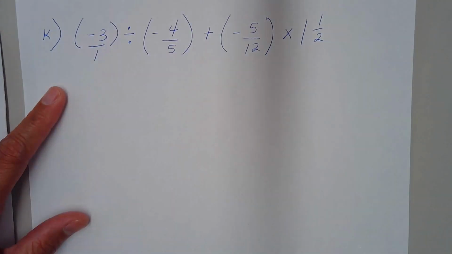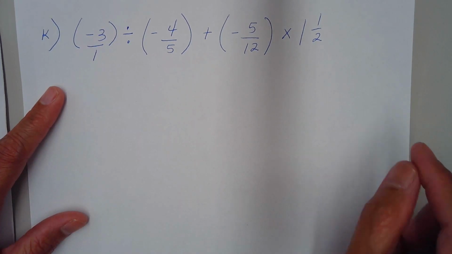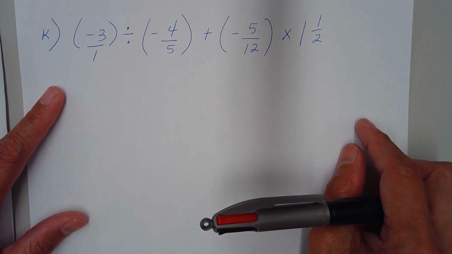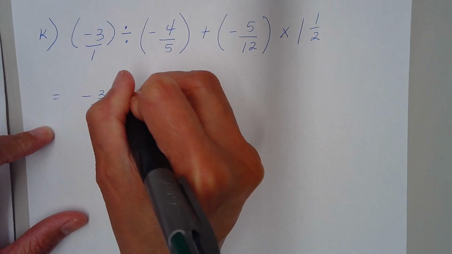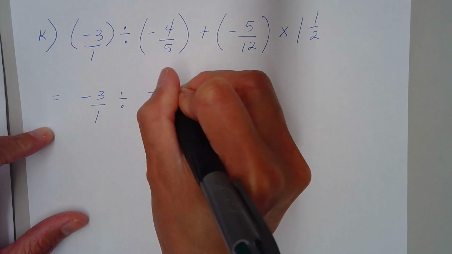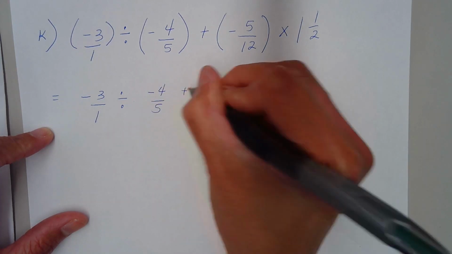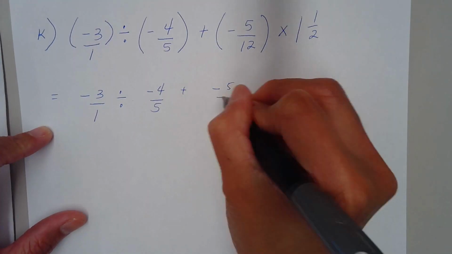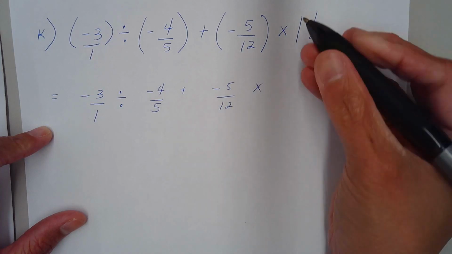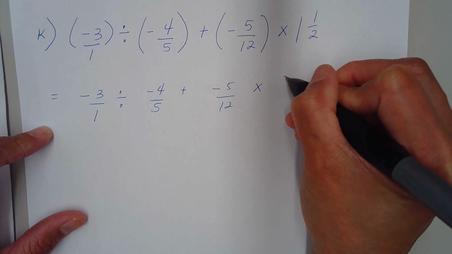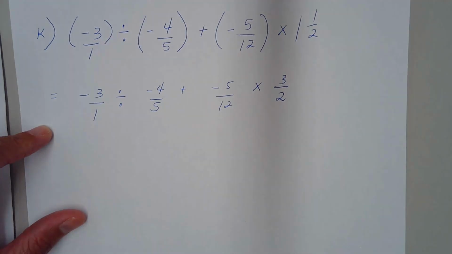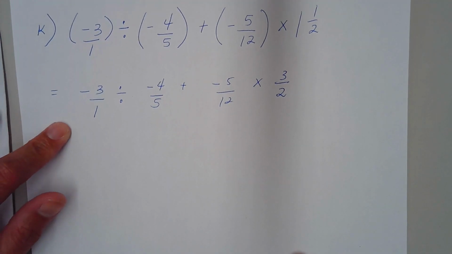Okay, so we can change mixed to improper. Very good. So negative 3 over 1 divided by negative 4 over 5 plus negative 5 over 12 times 3 over 2. Good. What's the next step?